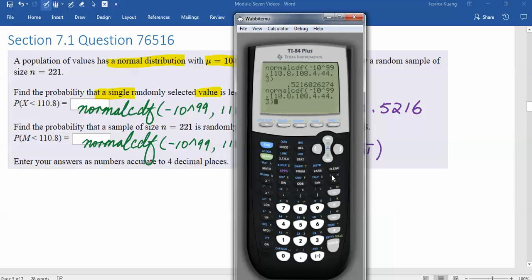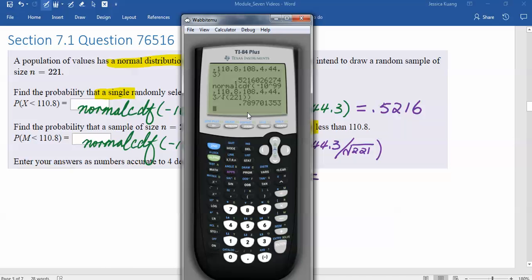That will copy my previous entry, and I would just go back and change my standard deviation to divided by square root of 221. Close the parenthesis for the square root, and close the parenthesis again for the normal CDF. Press enter. Notice this probability is quite different from what I had previously.